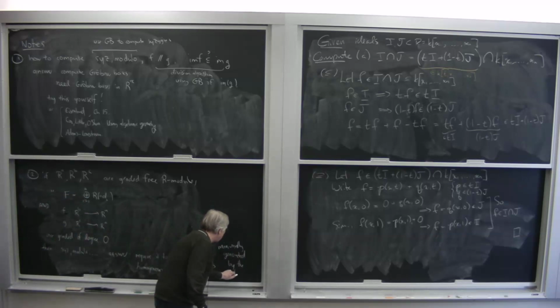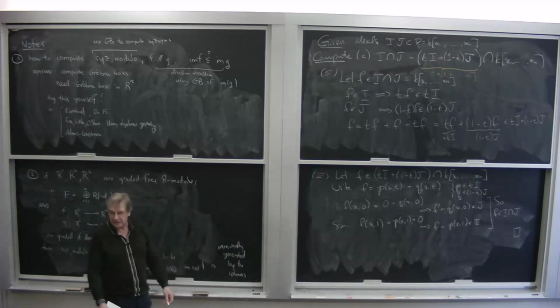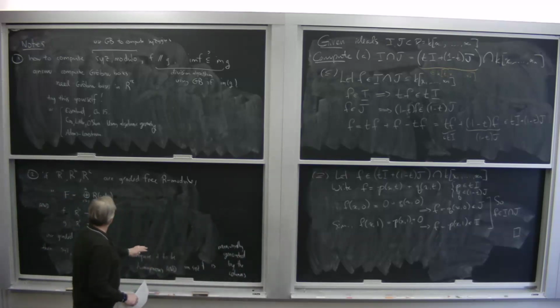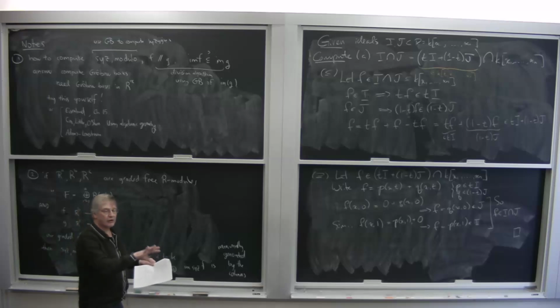In other words, you don't have extra stuff that you don't need. Okay, so if you do this, then all of the things will stay homogeneous and graded, and everything is great.